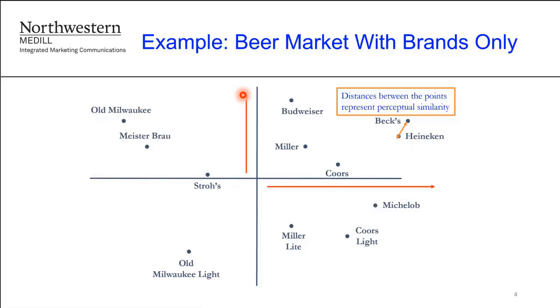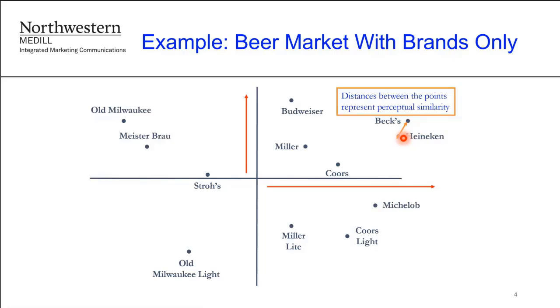What we can also see from this perceptual map is that the distance between the points represents perceptual similarity, right? So if two brands are closer, that means those two brands are perceptually similar, okay? Assuming that the data comes from the customer survey.